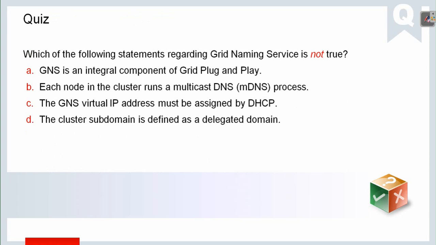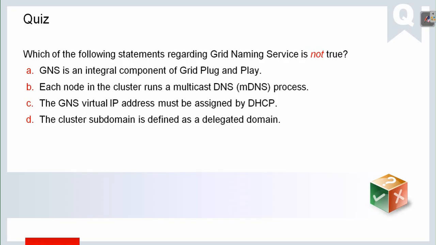Now I'm going to get into two simple questions, or three, to see if we understood it correctly. Which of the following statements regarding Grid Naming Service is not true? Grid Naming Service is an integral component of Grid Plug and Play. Makes sense?